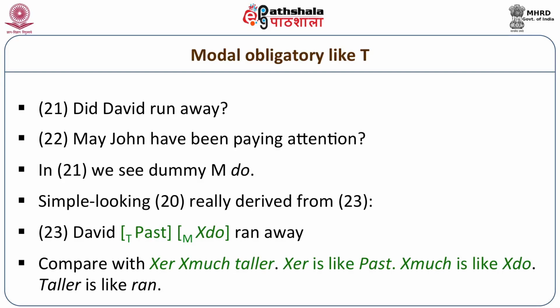As in examples like 19A1, John may have been paying attention, 19A2, John might have been paying attention, and other examples that are being displayed for you, 19A, B, and C. As you can see in the alternation between the 1 and 2 members of each pair of examples here, the alternation between present may and past might, present will and past would, present can and past could. The modal auxiliary carries a tense marking, present or past.